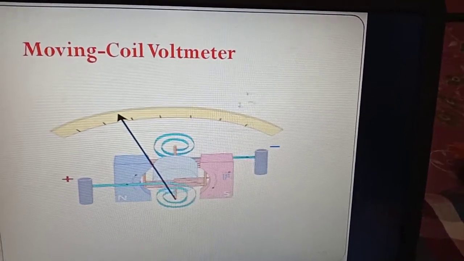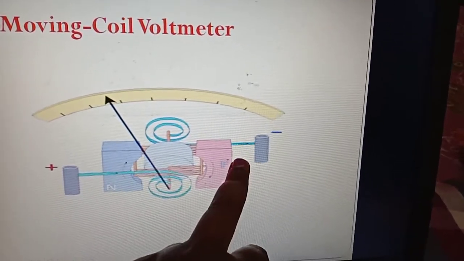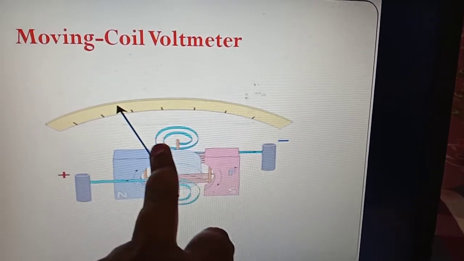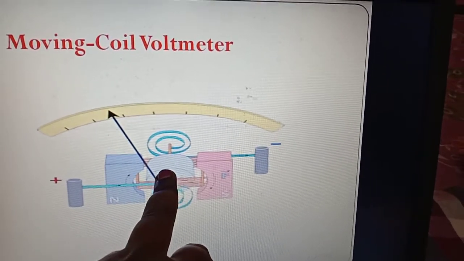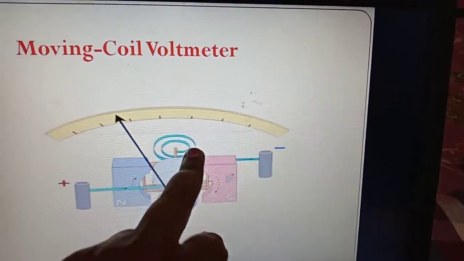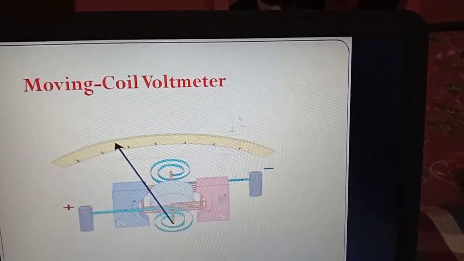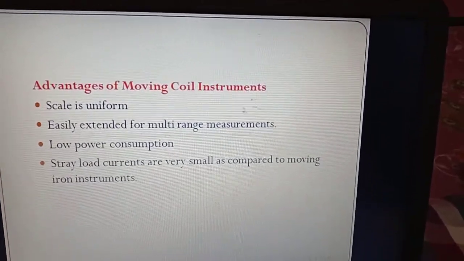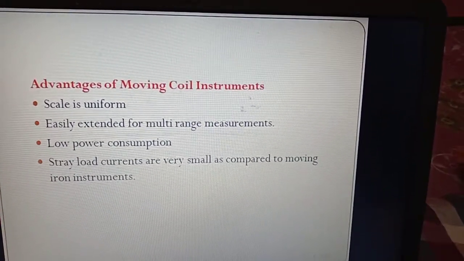This is the moving coil. The blue and these rows are fixed and the center one is the moving one. The interaction between these two magnets shows the deflection of the voltage across the circuit. So these are the advantages of moving coil instruments which you have seen already.